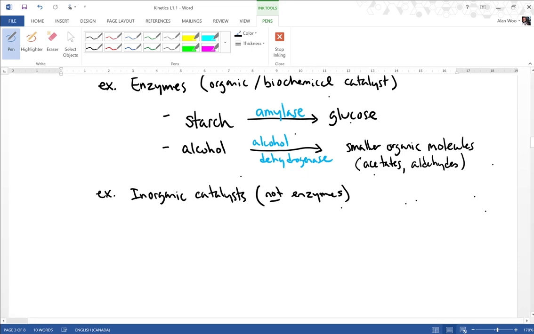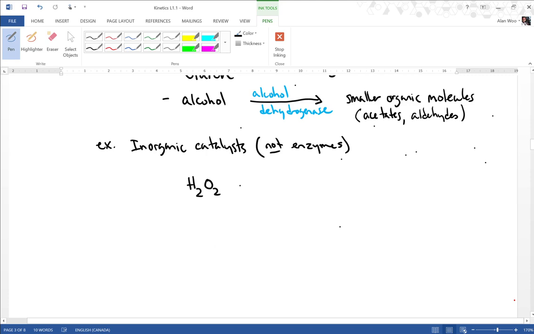So the one that I want to look at with you guys today is H2O2, which you guys should already know as hydrogen peroxide. Okay. Hydrogen peroxide will normally and naturally break down into water and oxygen gas.